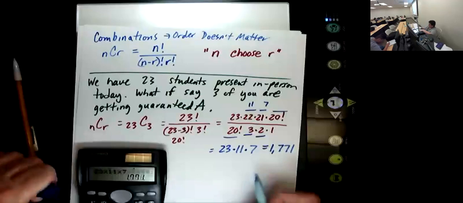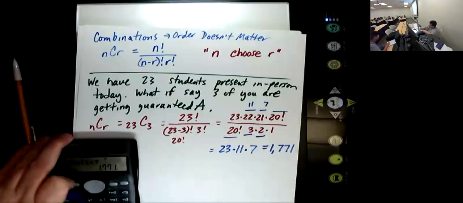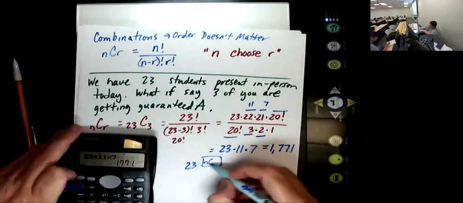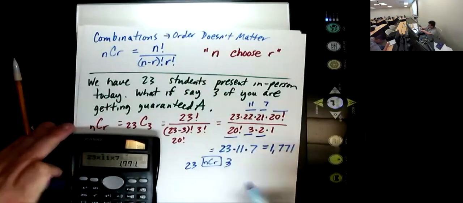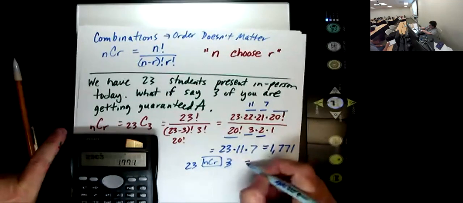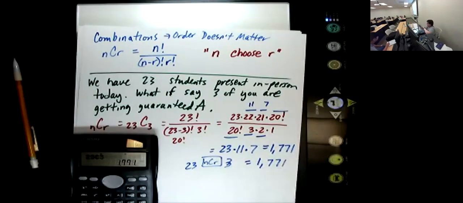That's just doing it that way. If I choose to do 23 nCr 3, I also get 1,771.